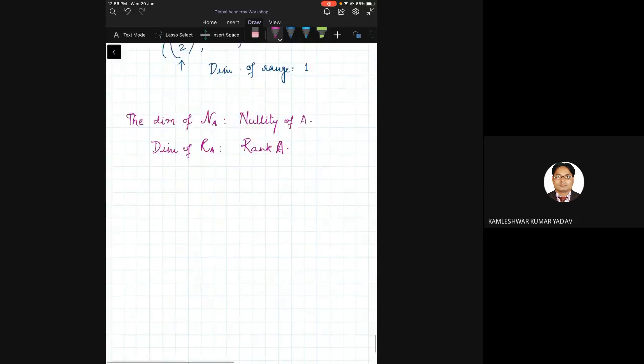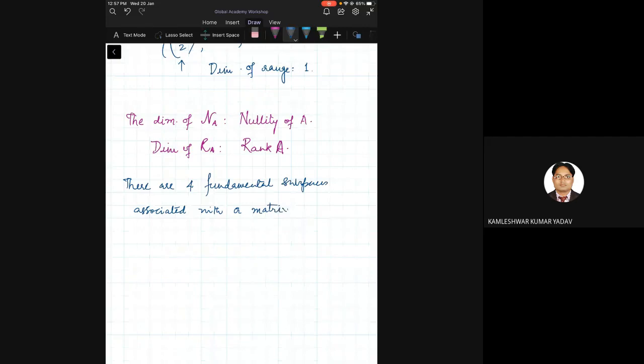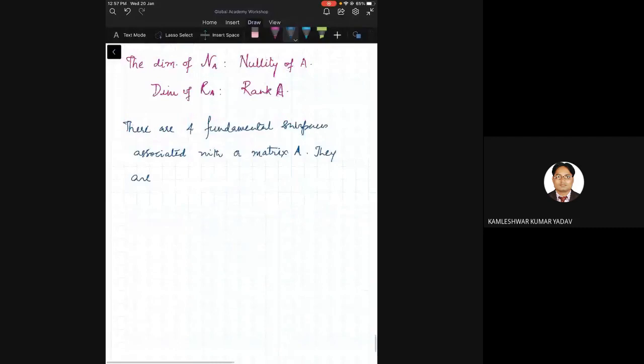So what we say is, there are 4 fundamental subspaces associated with a matrix A.